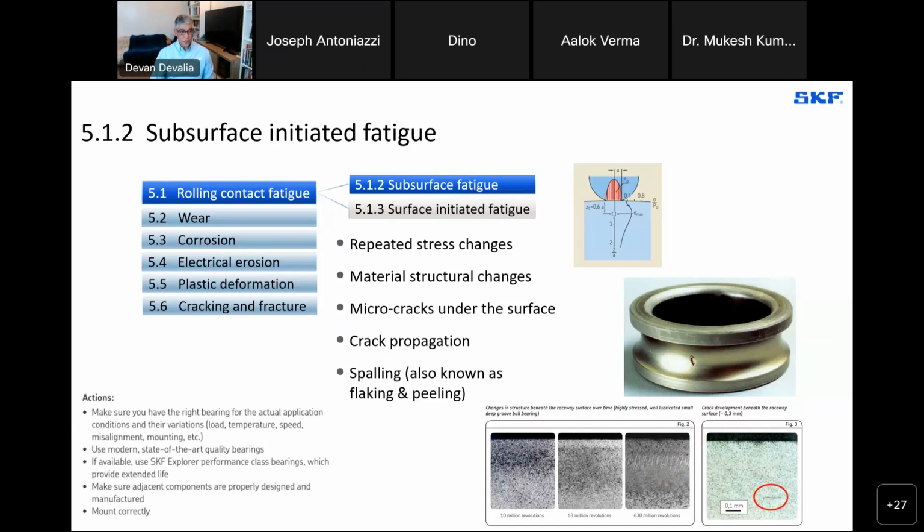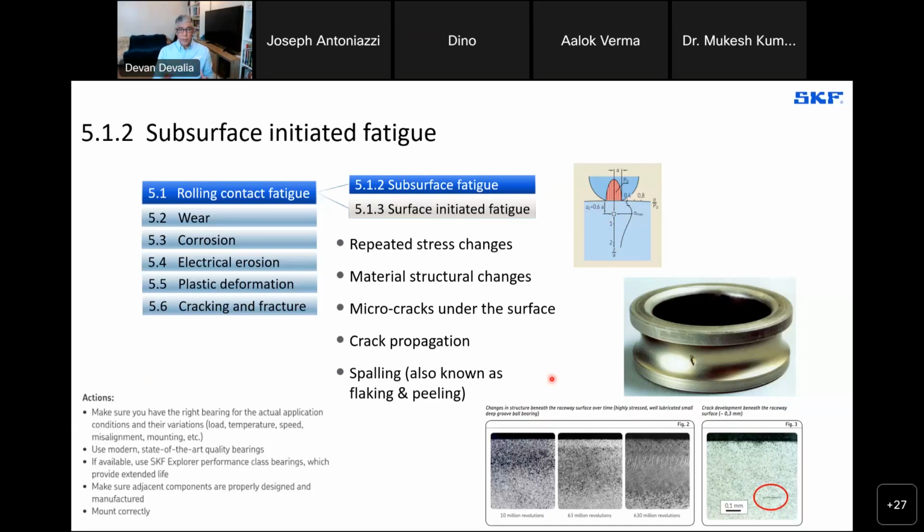So it's typically at a depth, in my notes here, of about 0.1 to 0.5 millimeters. So 100 to 500 microns below the surface of the raceway is where we have maximum stress. And interestingly, if a bearing were actually to reach end of life, this would be the failure mode or the damage that we would see in the bearing.